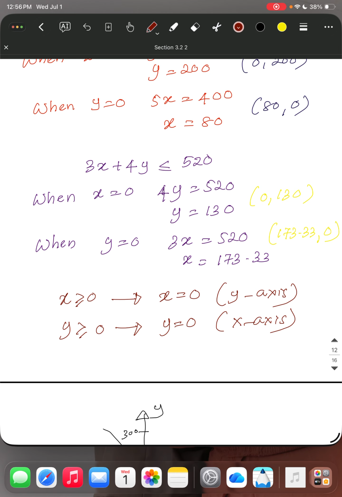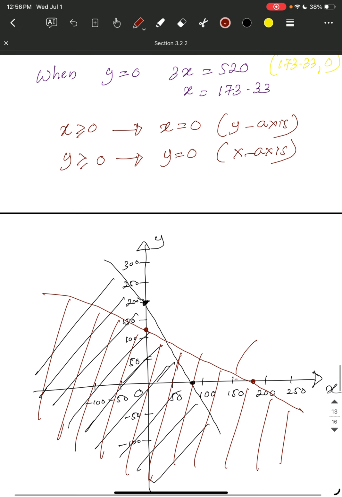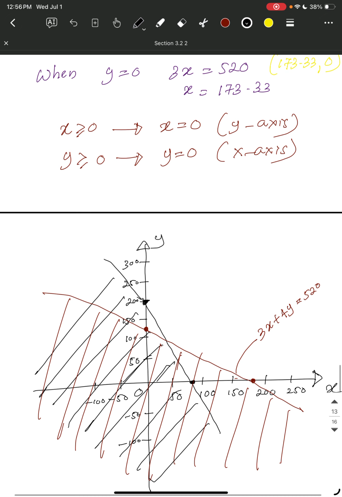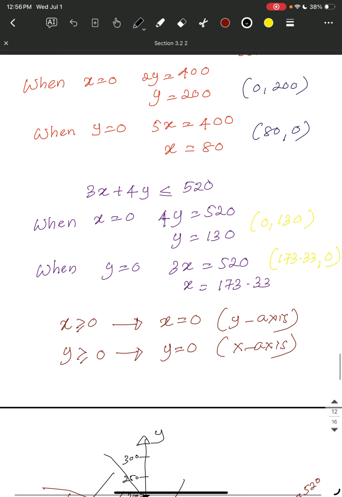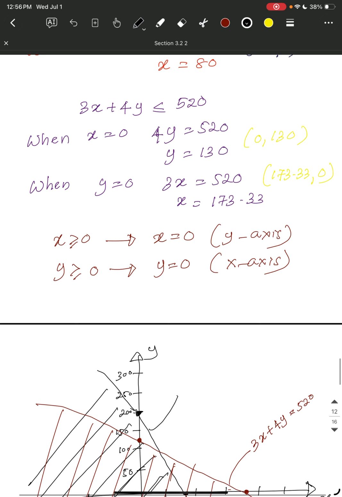This is the line 3x plus 4y equals 520. This is the line 5x plus 2y equals 400.